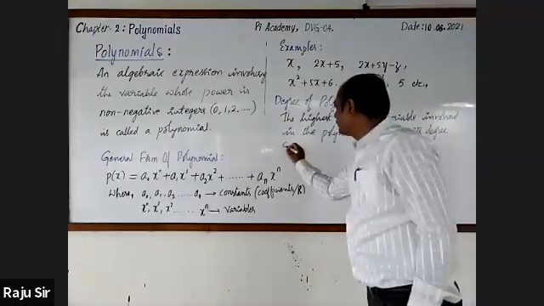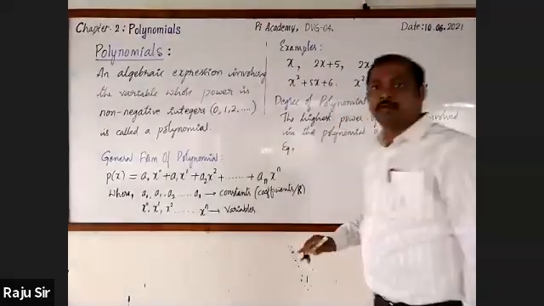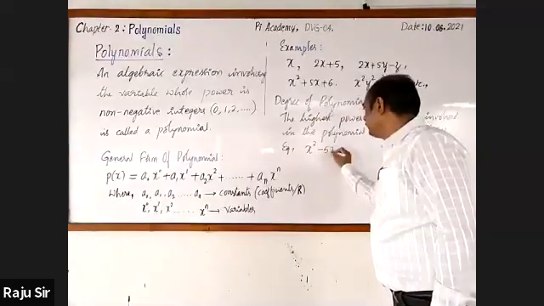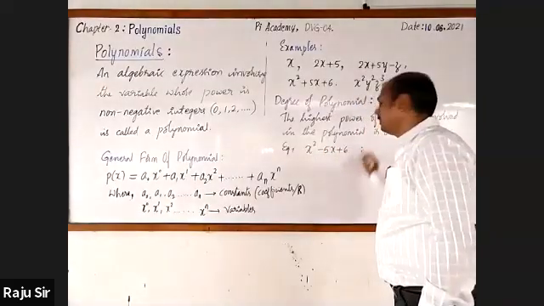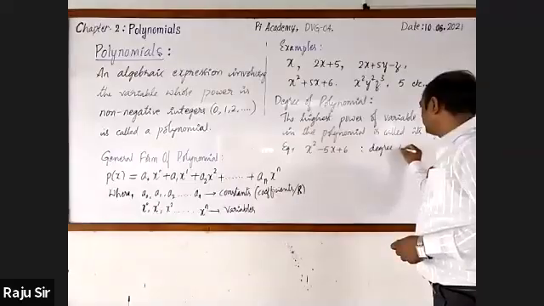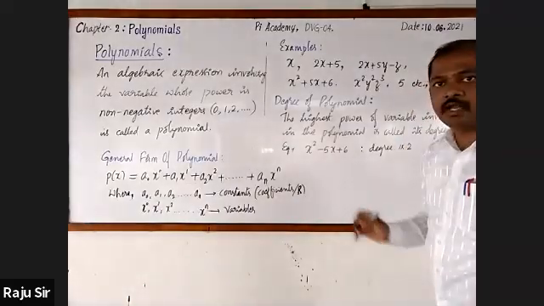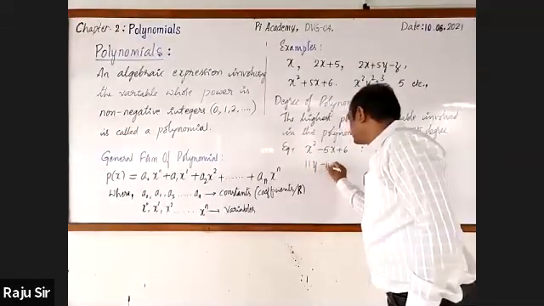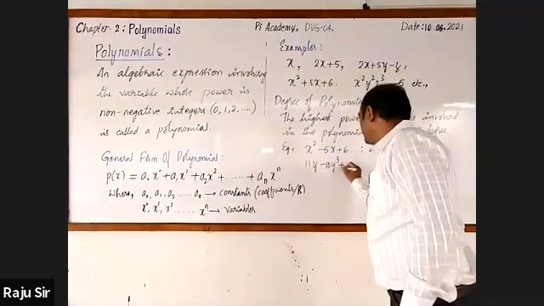Let me go for taking few examples. It is x square minus 5x plus 6. What is its degree? Degree is 2, because highest power is 2. Next, I'll write one more. 11y minus 10y cube plus 4.